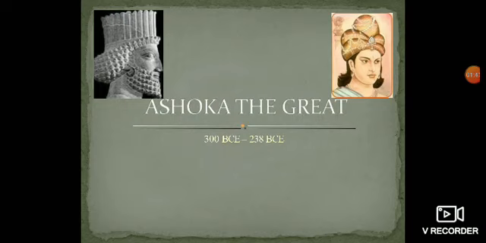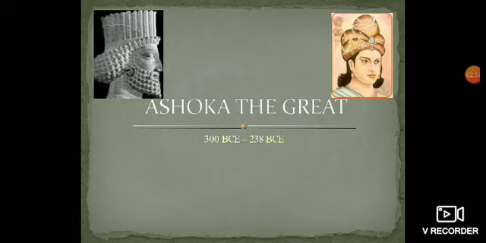Before going into the lesson, let's have a pre-activity through Picture Connect. Look into page number 28. What are those four pictures? Yes, they are the edicts of Ashoka. The king Ashoka communicated to his people through edicts which were carved on pillars and rocks.